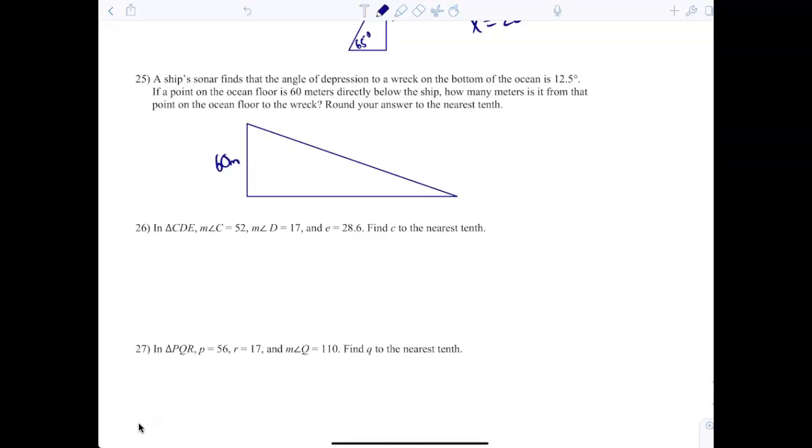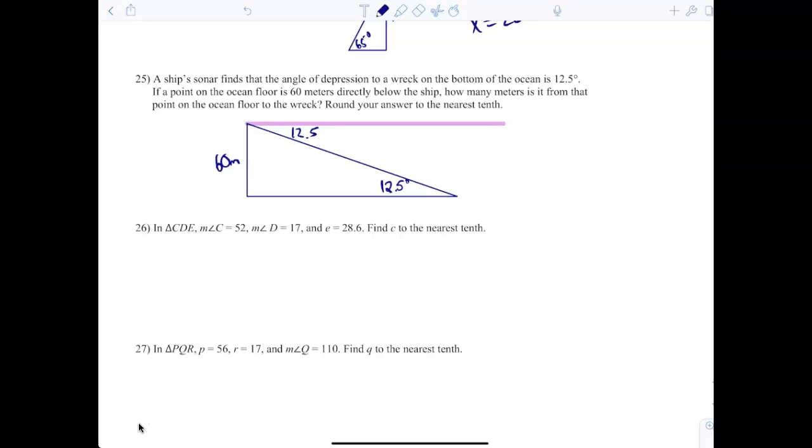So where do I put the 12.5? Bottom right? Come on, guys. You're going to mess everything up if you do that. That's not 12.5. Now, if you wanted to put 12.5 correctly, you would extend this out and put 12.5 right there. Does everybody agree with that?